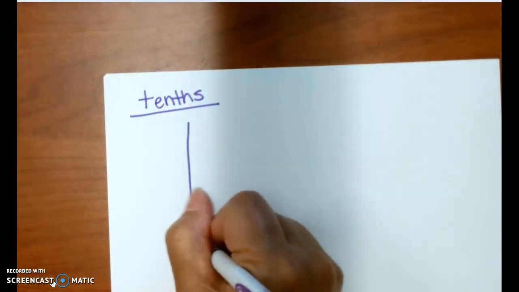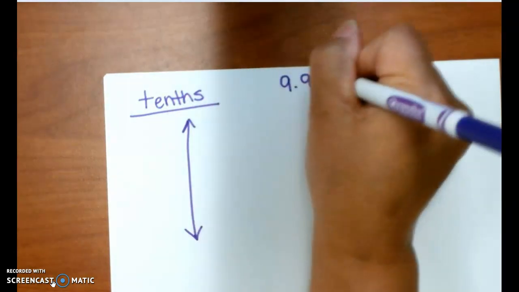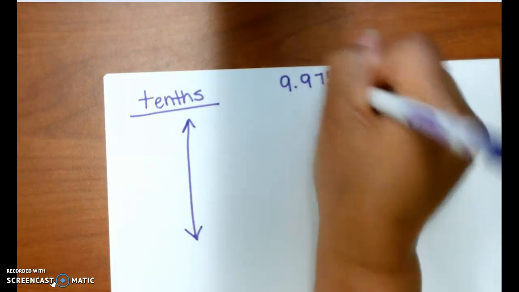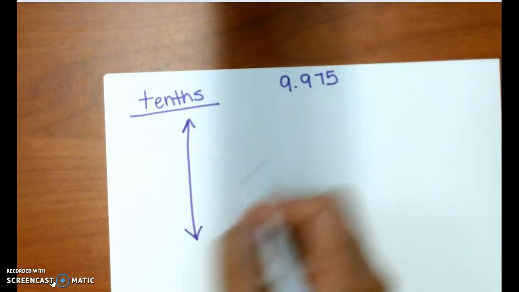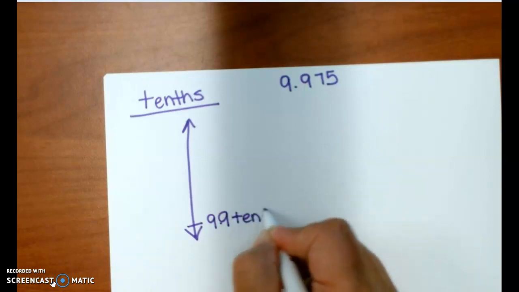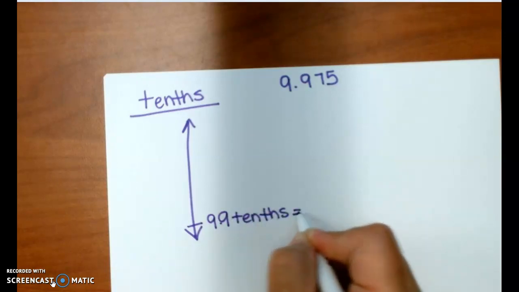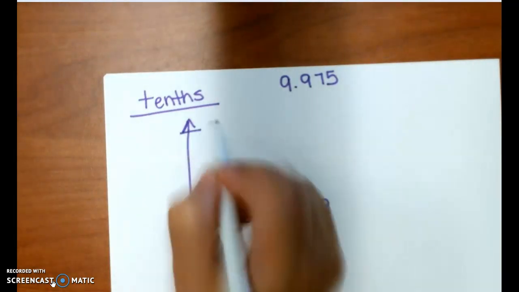So, in my number here, 9 and 975 thousandths, I have 99 tenths. So that's going to be my bottom number. Now, what's going to be my top?